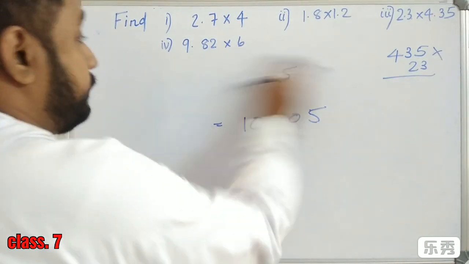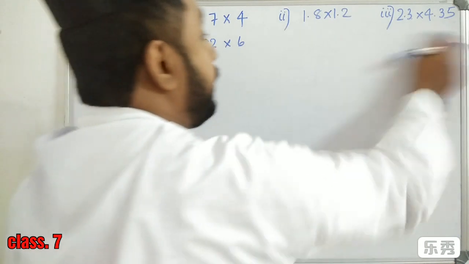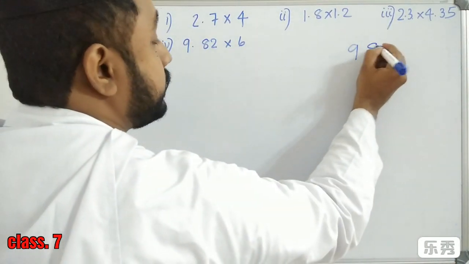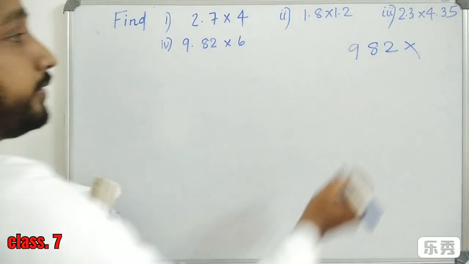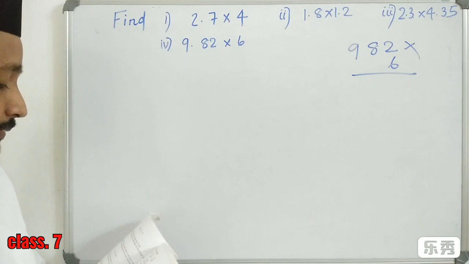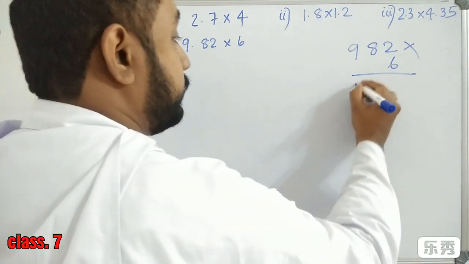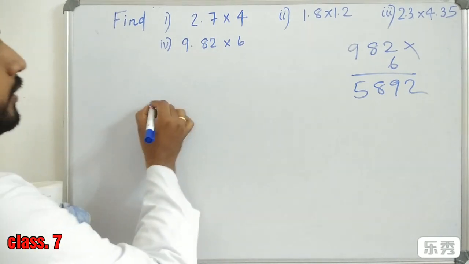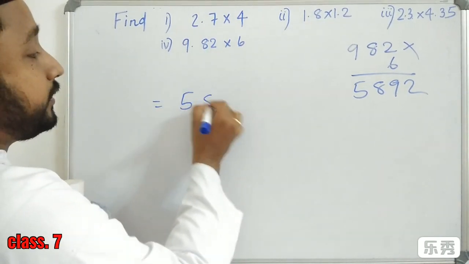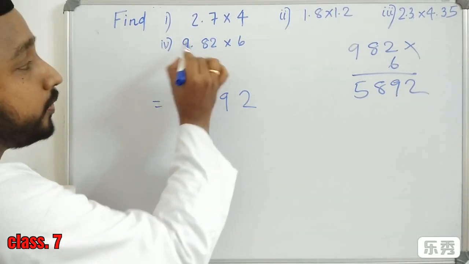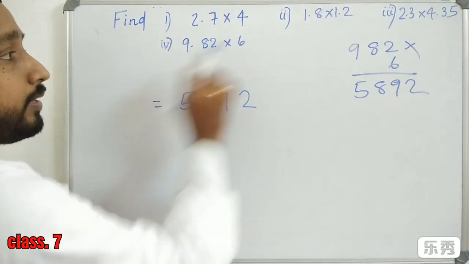9.82 into 6. First we write 982 into 6, which means 5892. Look here: after the decimal point there are 2 digits, and here no digits.